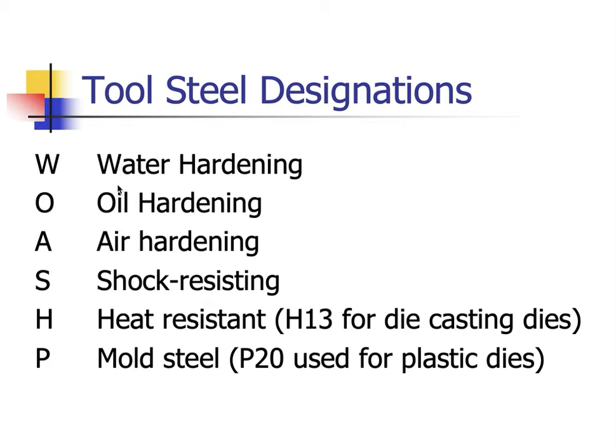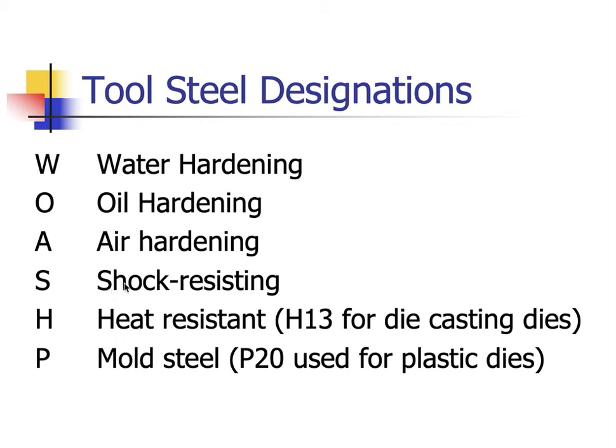If this is a 1, this might be a 4, and this would be an 8. So this is probably 8 times more expensive than the water hardening steel. Water hardening steel is just plain carbon steel, maybe 1%, maybe a little bit more. Oil hardening steel has some alloying elements like we looked up, and then air hardening steel has yet more alloying elements like we looked up.